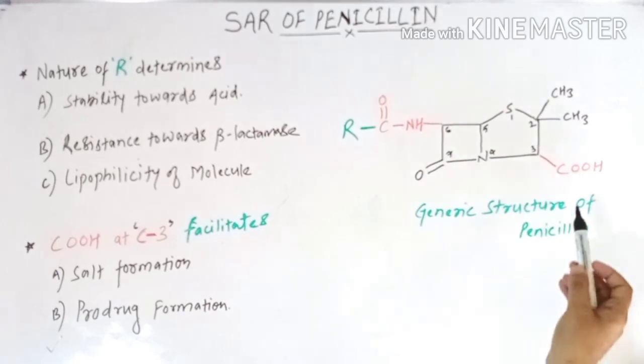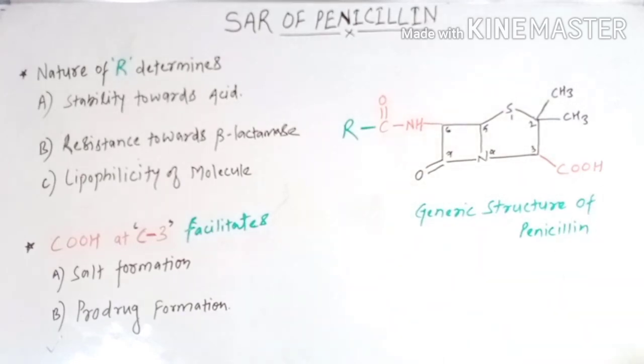So this carboxyl group is substituted via an ester bond with some other compound, so that those compounds can be broken down easily in vivo and release the active drug. So in this way we have developed two prodrugs of penicillin.